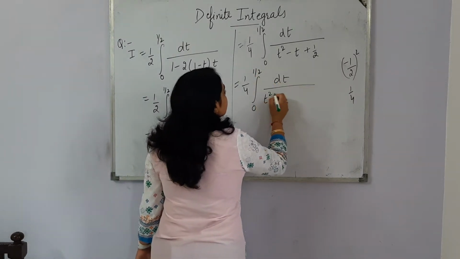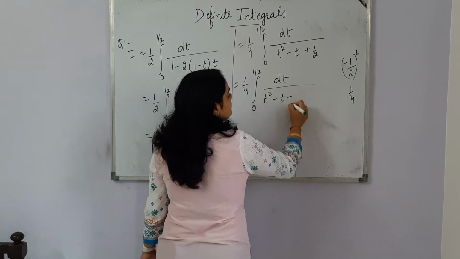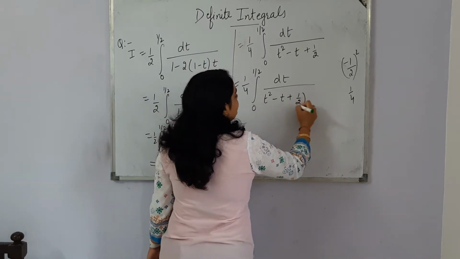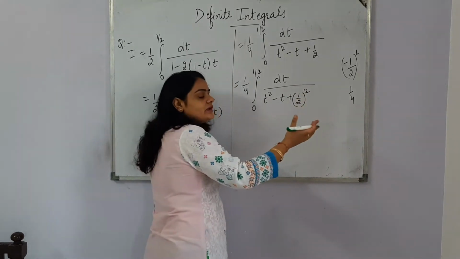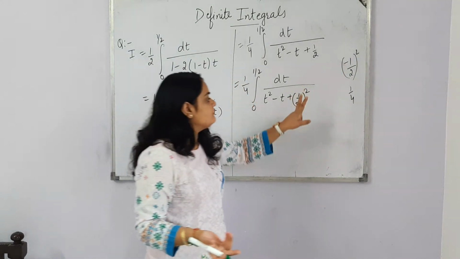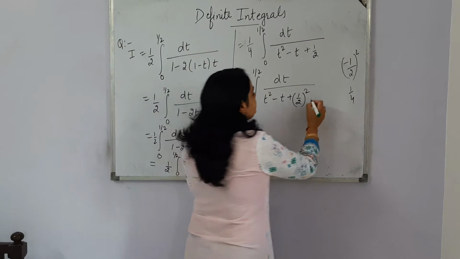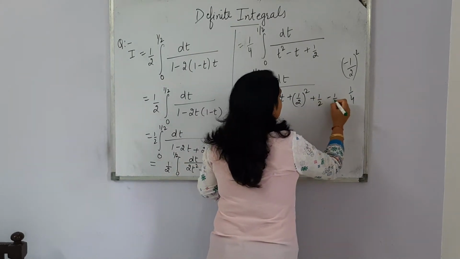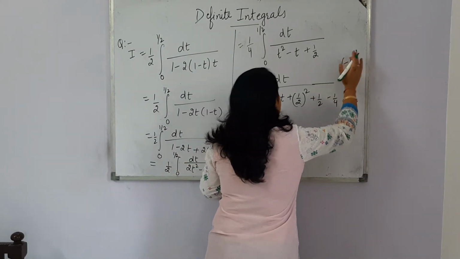So t square minus t plus 1 by 2, I can write as whole square, because minus squared is positive, so I am not taking the negative sign. 1 by 2 square added and 1 by 2 square, which is 1 by 4, subtracted.